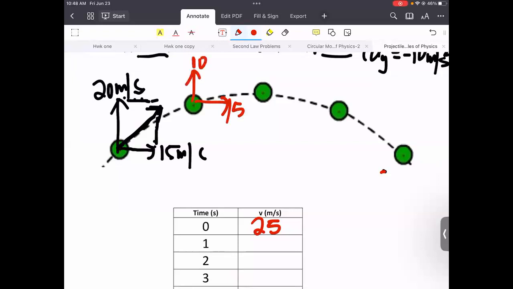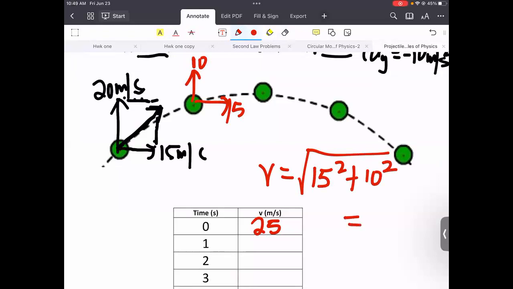So now we are looking at V. V will be square root of 15 squared plus 10 squared. If you use your calculator, what do you get? 15 squared plus 10 squared, and then square root of that, according to my calculator, I got about 18, so I'll put 18 here.